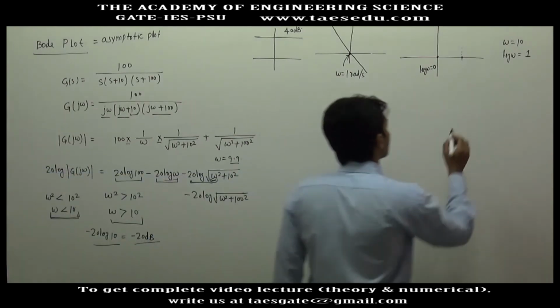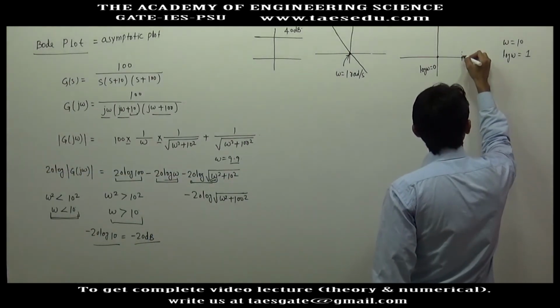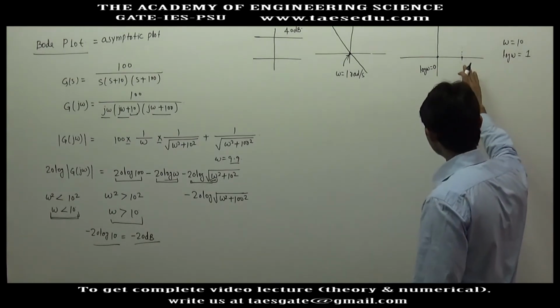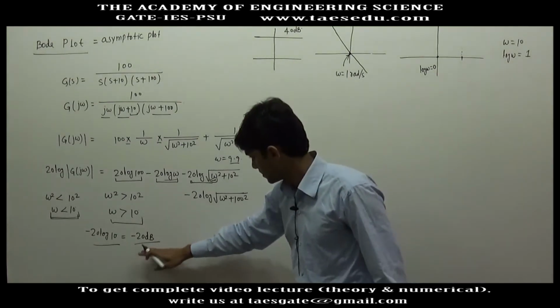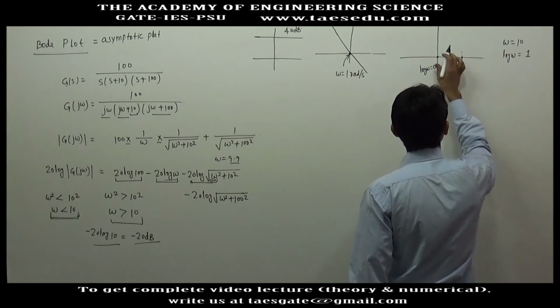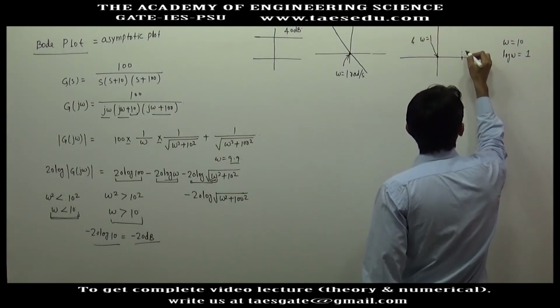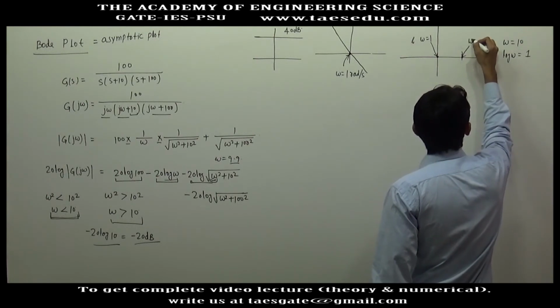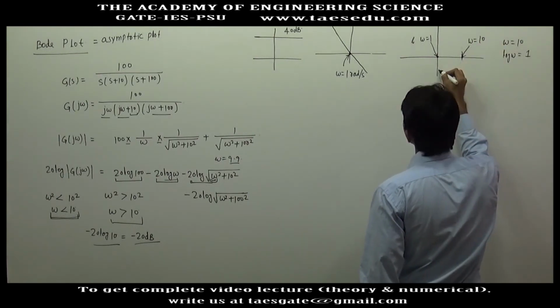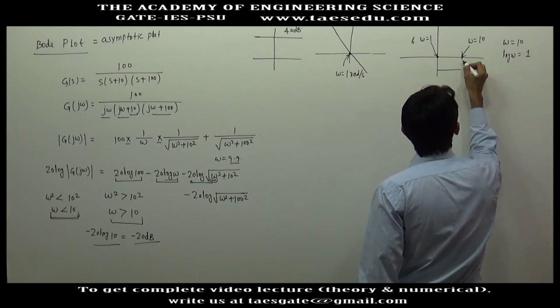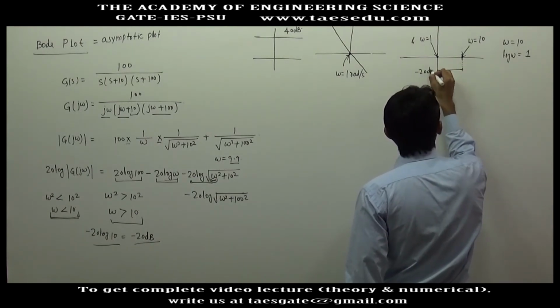So before this point, omega equal to 10, what will we get? Minus 20 dB. Before omega equal to 10, we will get a constant of minus 20 dB.